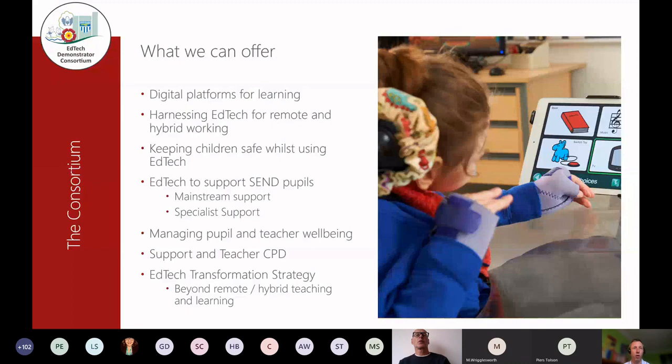Because we have Highfurlong in there, we can not only offer support around the use of EdTech in mainstream education to support SEND pupils, but also to support those with additional special educational needs. I think a big part at the moment is how we manage pupil and teacher wellbeing, both for staff and for pupils, and supporting the CPD for teachers and the wider staff within school. And ultimately, to hold this all together, it's about your EdTech transformation strategy.